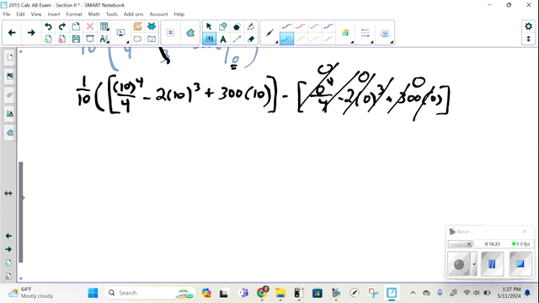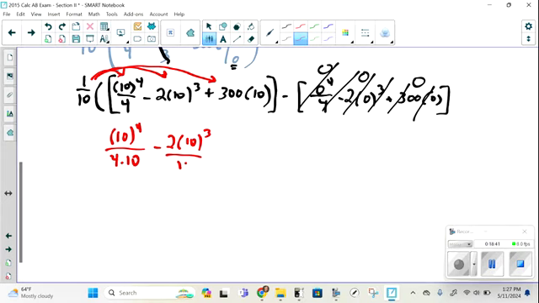What I'm going to do, before I actually do the exponents, I'm actually going to distribute this 1/10 times all of this. And that's going to lessen my numbers. What do I mean? 10 to the 4th over 4 times 10, minus 2 times 10 cubed over 10, plus 300 times 10 over 10. What's going to happen here is these 10s cancel, and I have just plus 300.